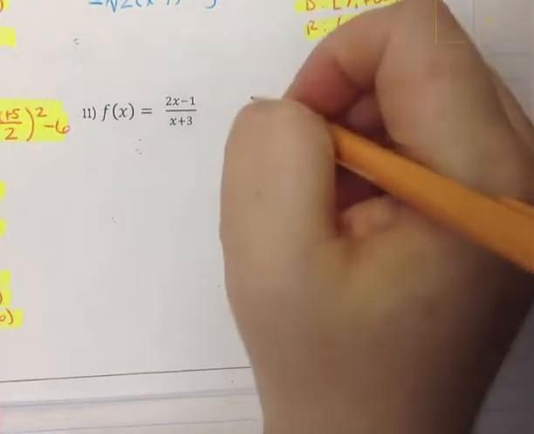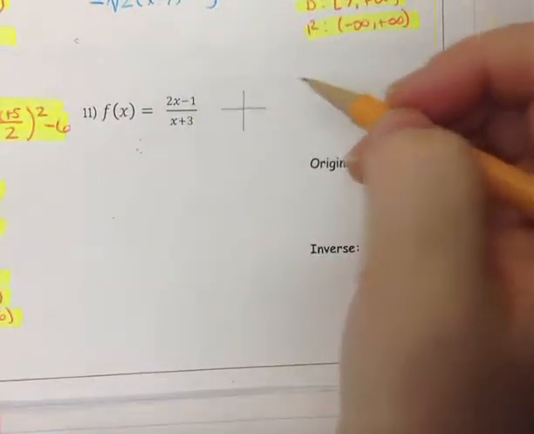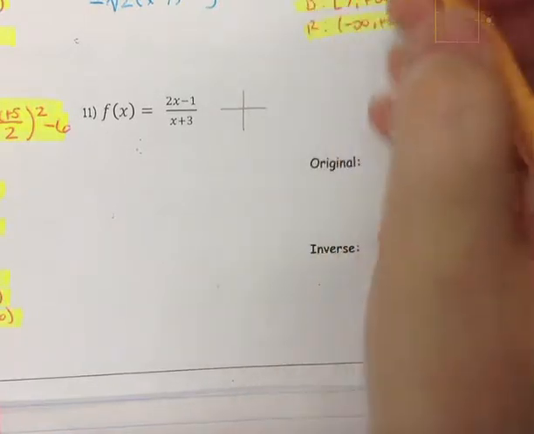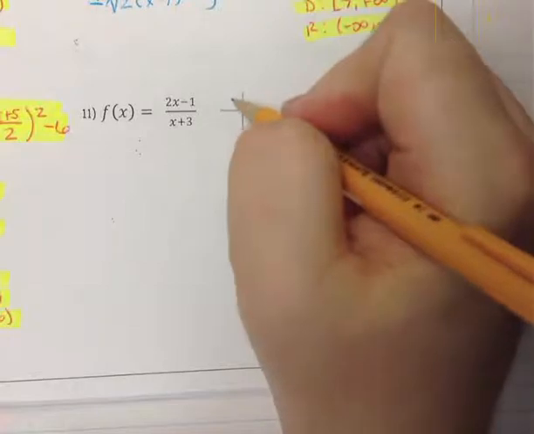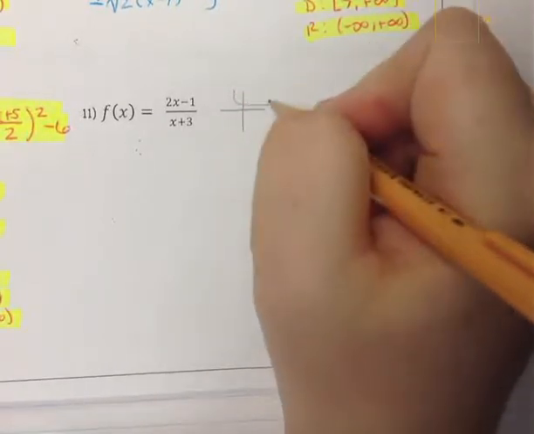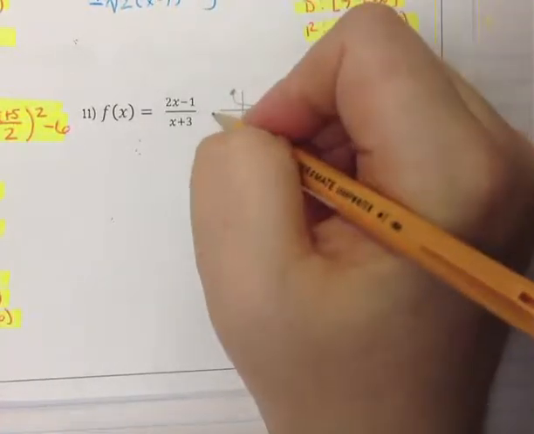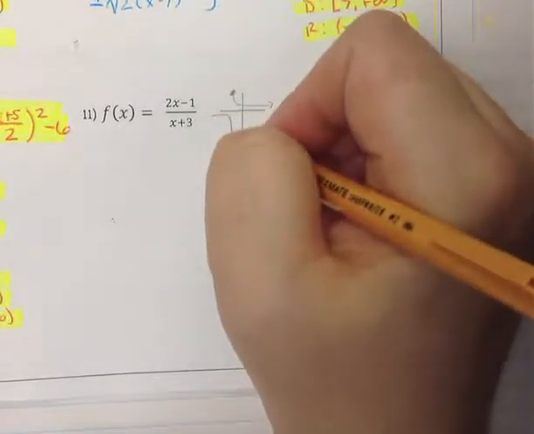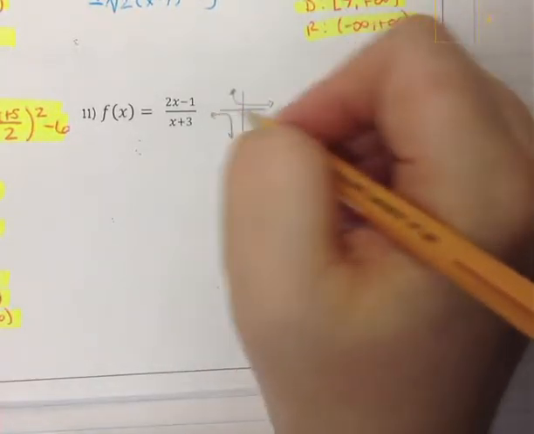Now, a basic sketch of a rational function would look something like this. It would have an asymptote for the y value, but it would go off to the right forever, potentially. But then it would also have an asymptote somewhere for the x as well.